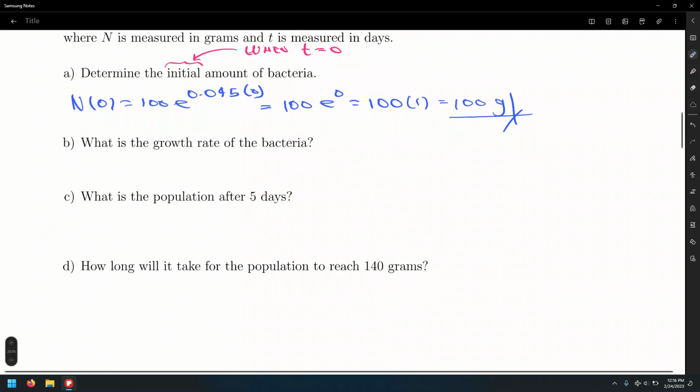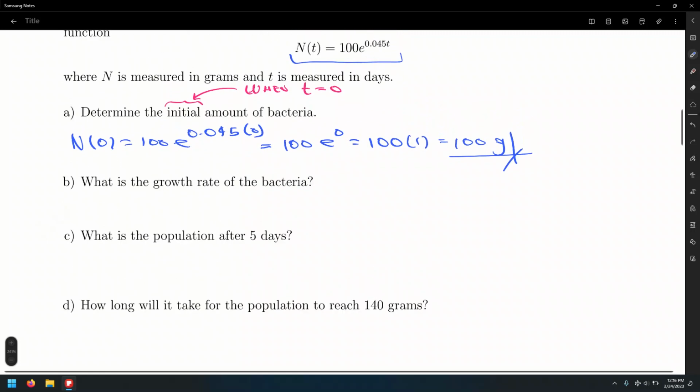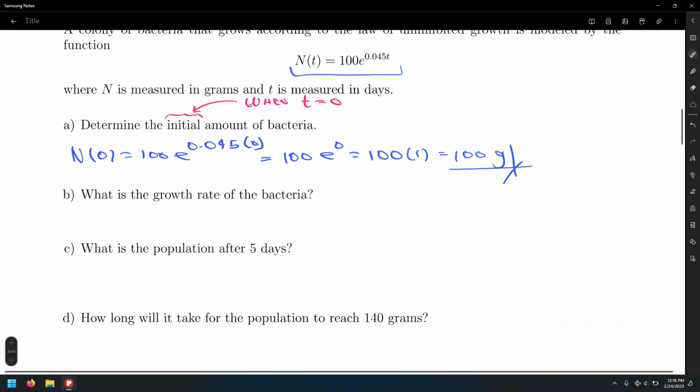All right, so let's see. What is the growth rate of the bacteria? The growth rate of bacteria is given by the number that multiplies t in our exponential equation.